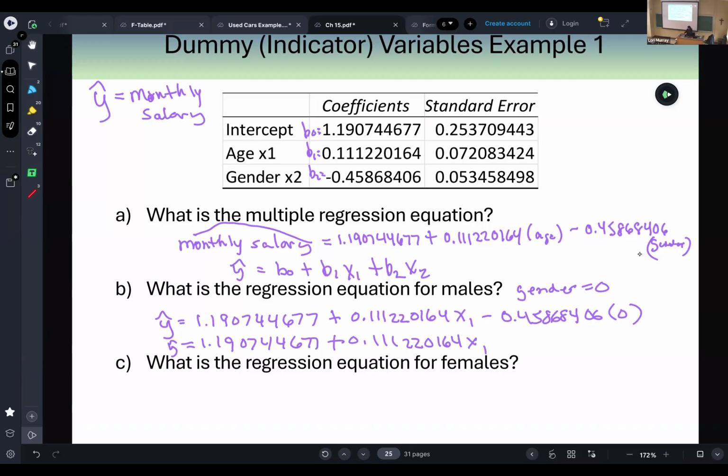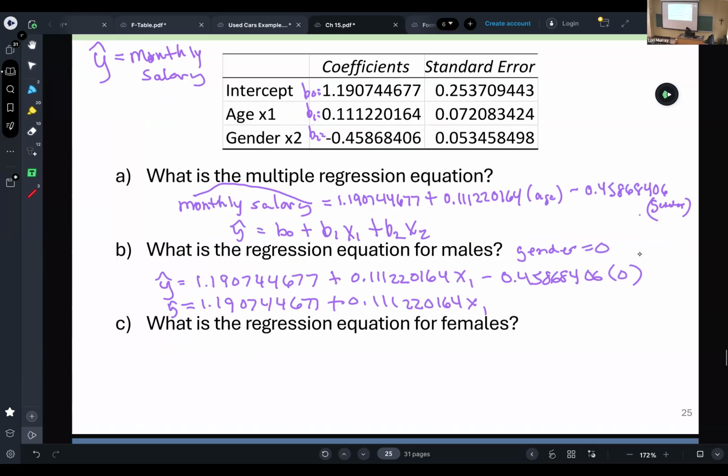And the equation for the females is going to be 1.190744677 plus 0.111220164 times age, minus 0.45868406 times 1. That's why they're called dummy variables.